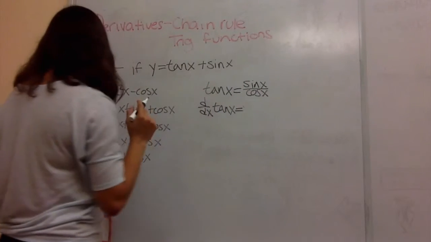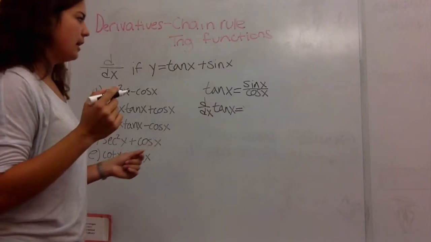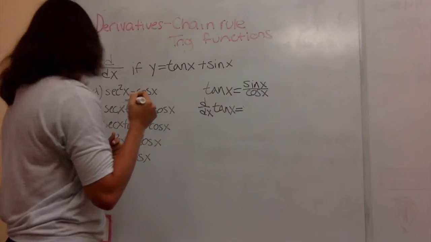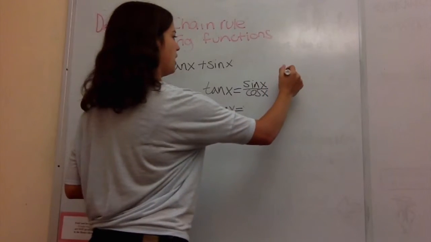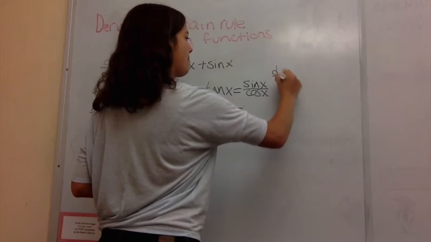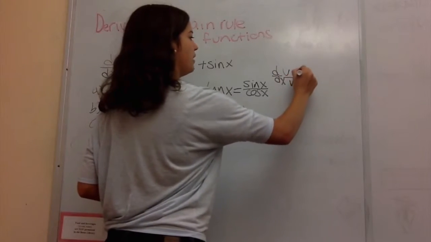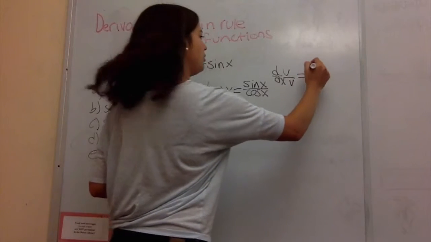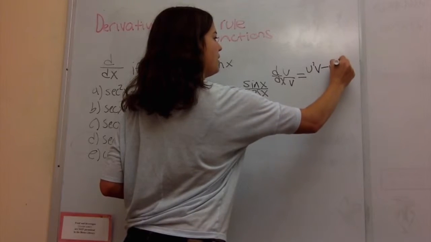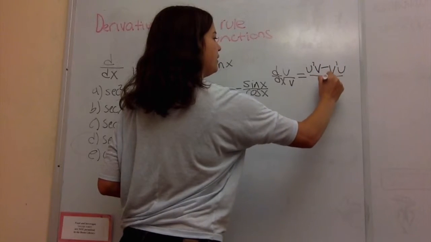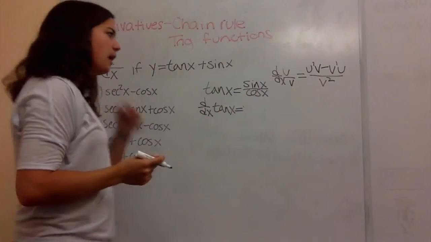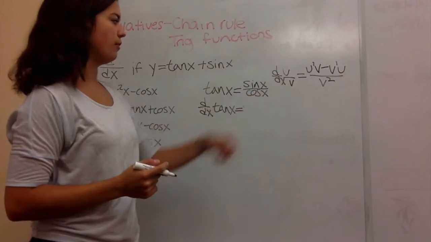The quotient rule basically is how you set up the derivative for a fraction, or one thing dividing the other. So the quotient rule is the derivative of u over v is equal to u prime times v minus v prime times u, over v squared.